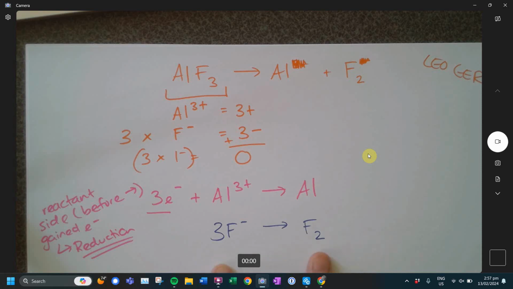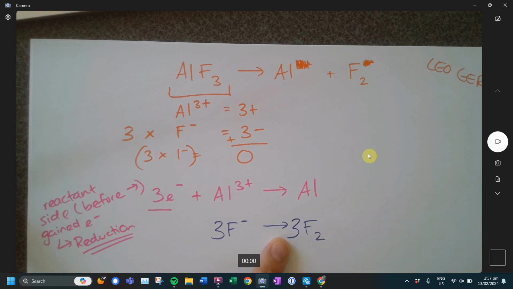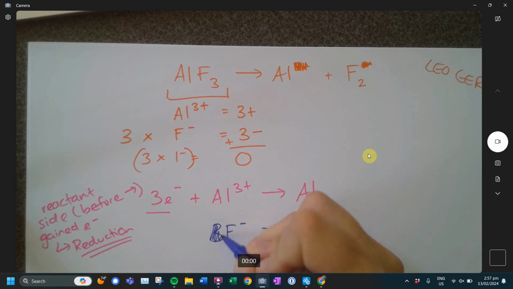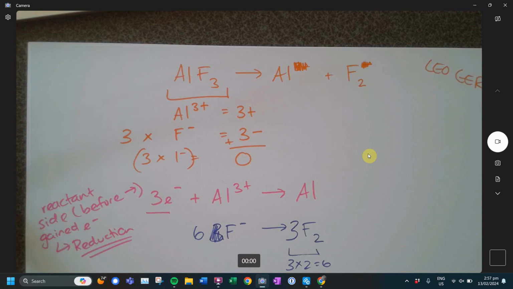So the closest number I have is 6. So I could do 2 times 3, and that becomes 6. And then this number here in front can change to a 6. Are we okay with that?